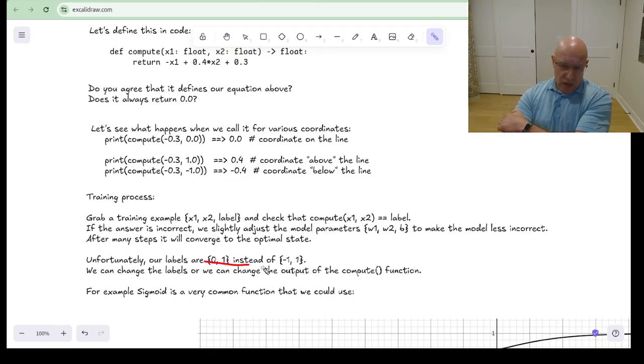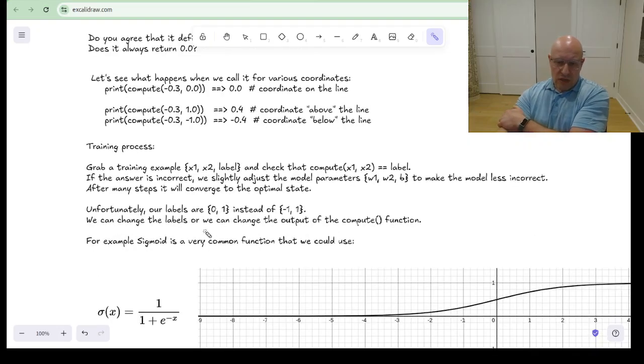So we don't quite have the same labels as what our model returns. Now there are two ways of dealing with it. One way is to change the labels, so like make all zeros negative ones. But instead we will use a sigmoid function.